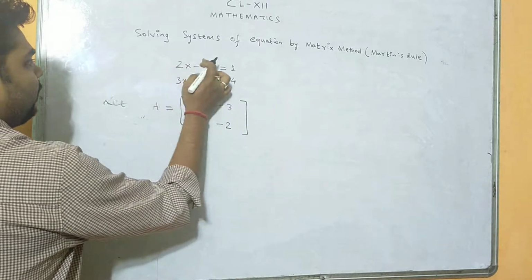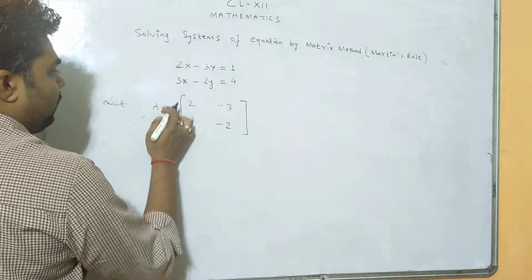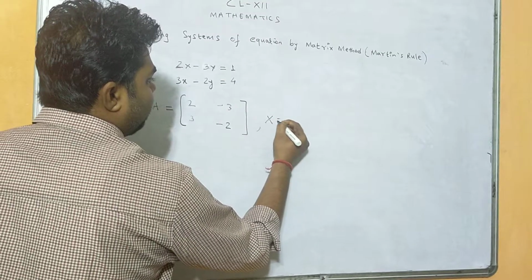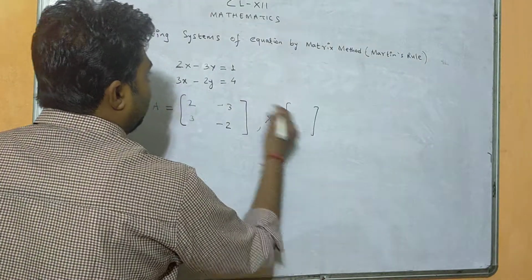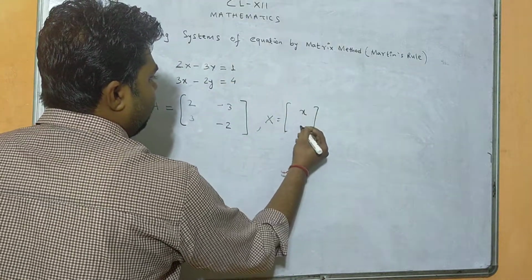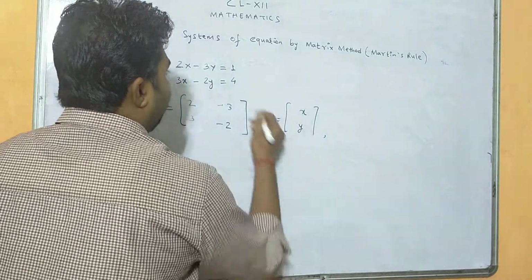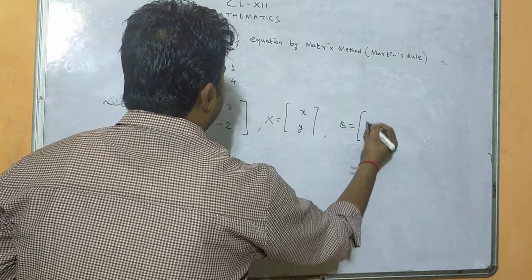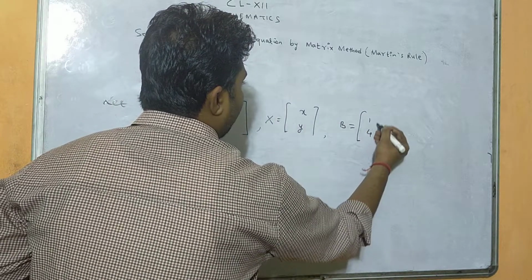And the variables are only x and y, and this one we will consider as B, that is 1 and 4.